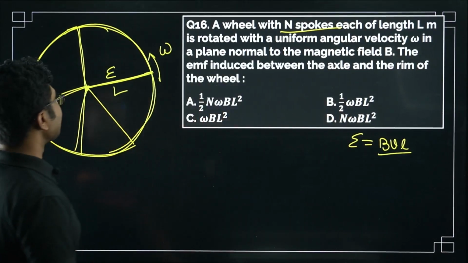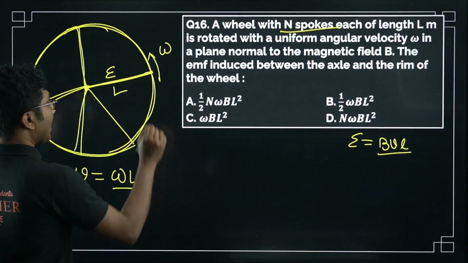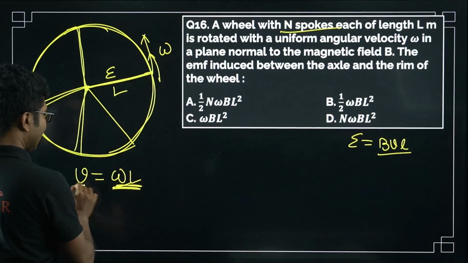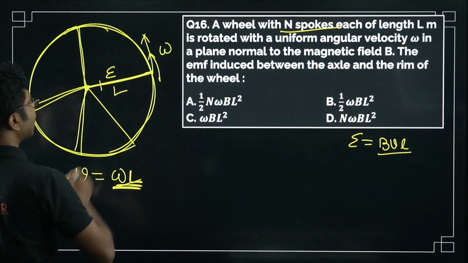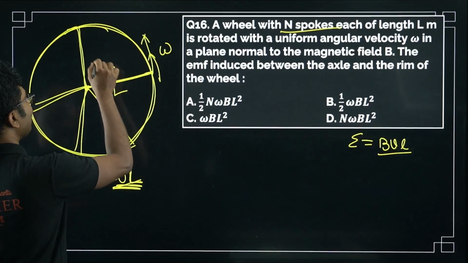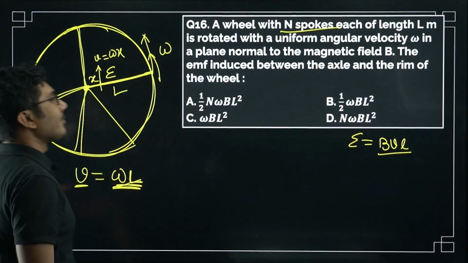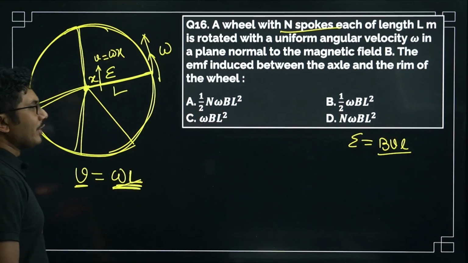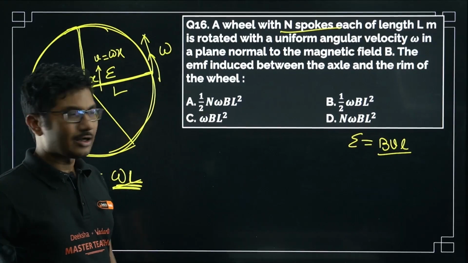We cannot use this formula because V is basically omega into L, but this value of V varies with the L. Suppose I take a small distance x, then velocity here will be omega into x, and at the center velocity will be 0. So basically what we have to do, we have to take an integration of the entire thing. That is the main trick of this question.